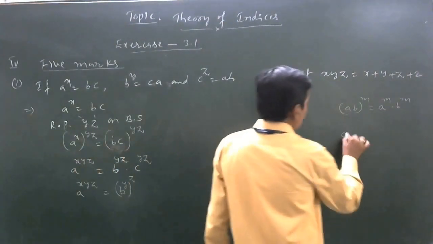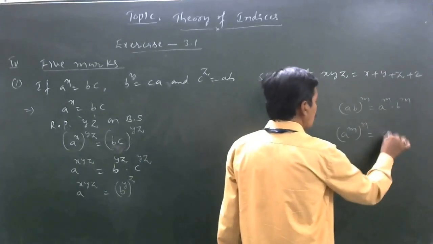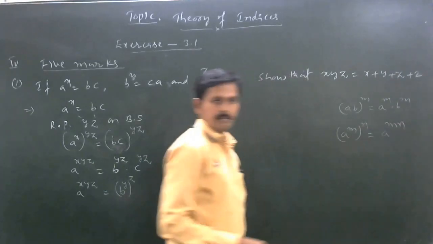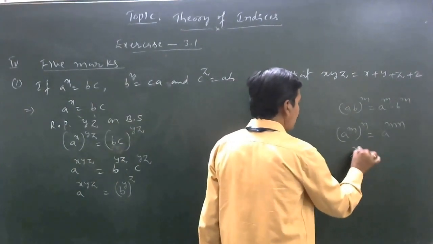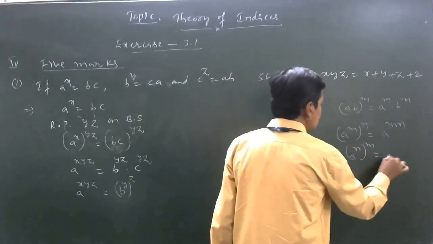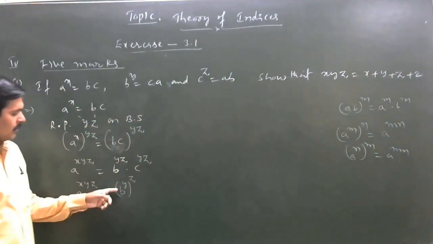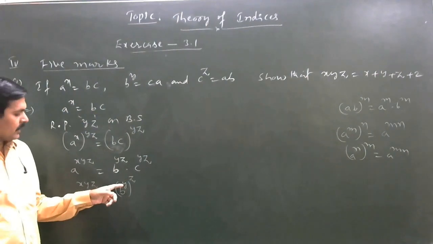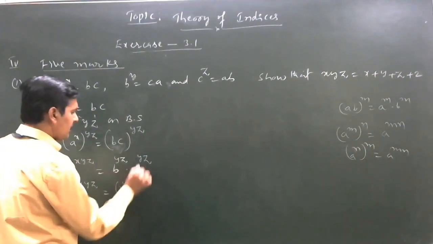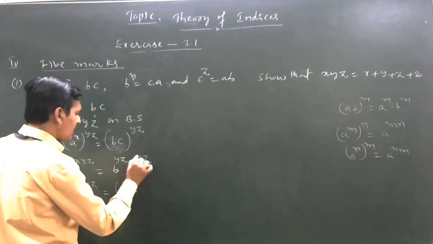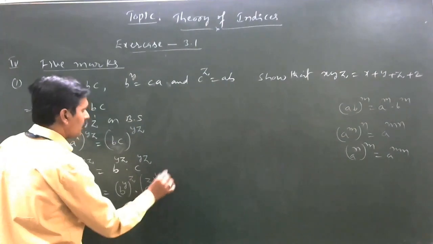Here a power m whole power n is equal to a to the power of m into n, or a power m, a power n whole power n, it is also a to the power of m into n. Here is b power y whole power z. Here y into z, yz. Next, c power yz can be written as c power z and whole power y.